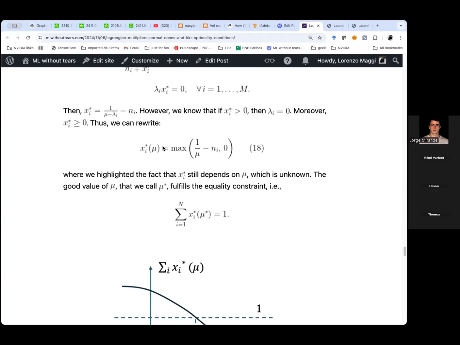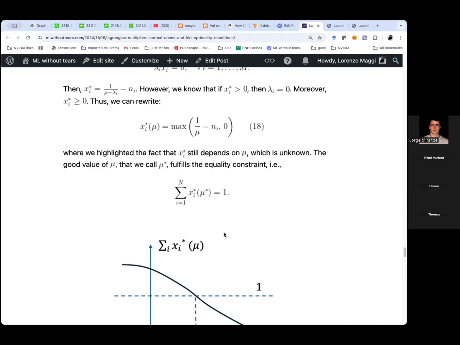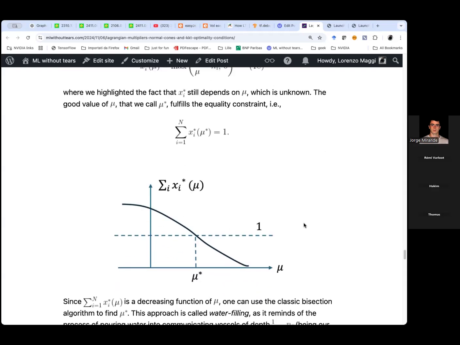So we have an expression that depends on mu, and in order to find the good mu, we ask which mu makes the constraint hold. Well, this just boils down to the search of the root of a function, where this function is this sum minus 1, which has to be equal to 0. The good thing is that we know that this function is decreasing with mu.